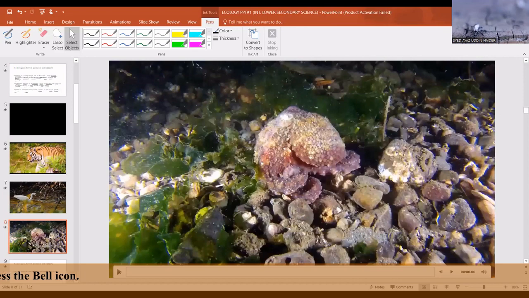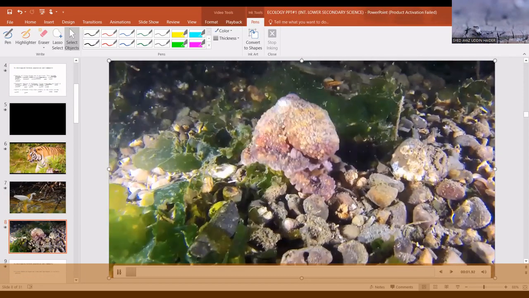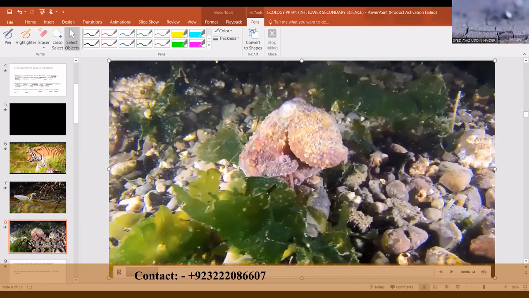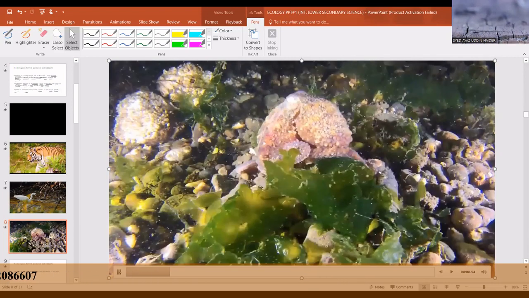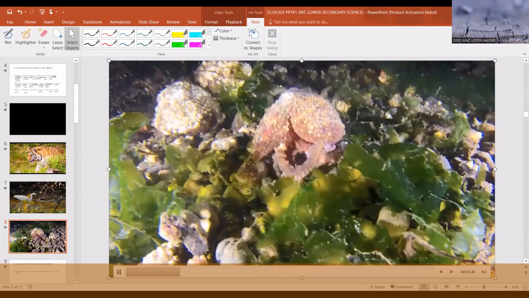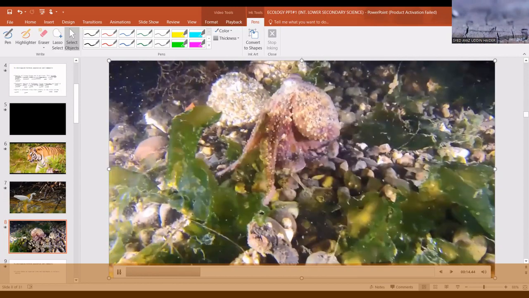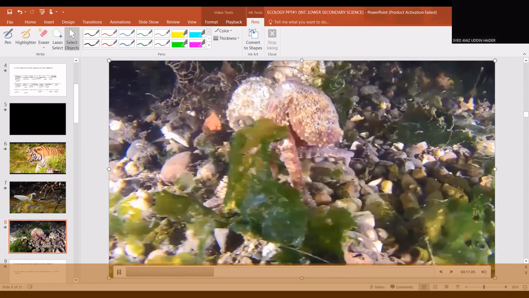Another interesting animal found in the ocean is the octopus. The interesting thing about the octopus is that it also changes color and blends with its environment, just like a chameleon.